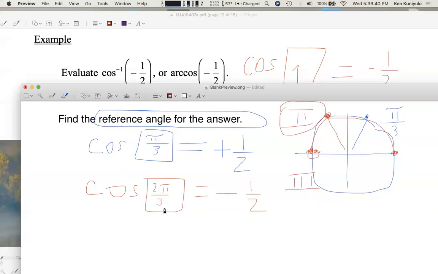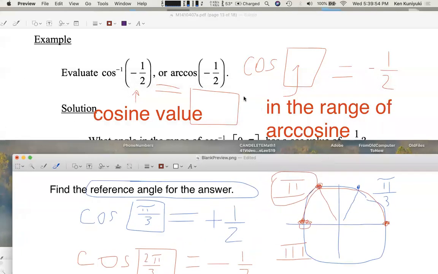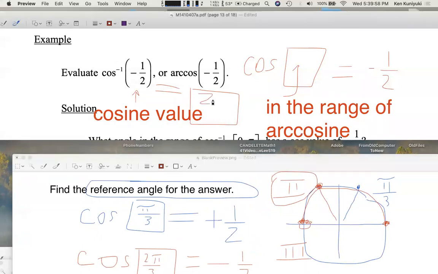We know cosine of 2 pi over 3 is negative 1/2. And again, 2 pi over 3 is in the range of the inverse cosine function. The range, by the way, is from 0 to pi. So the answer here is going to be 2 pi over 3.